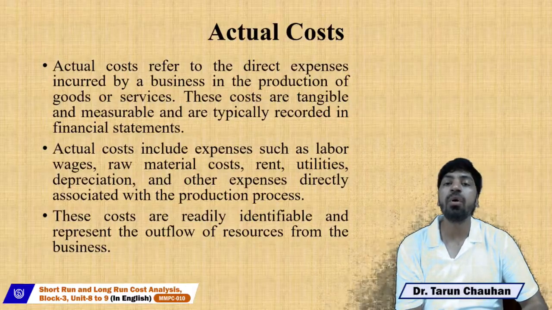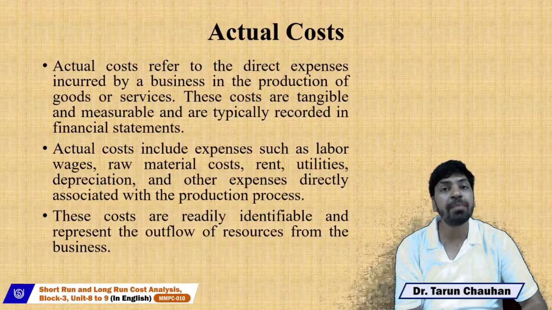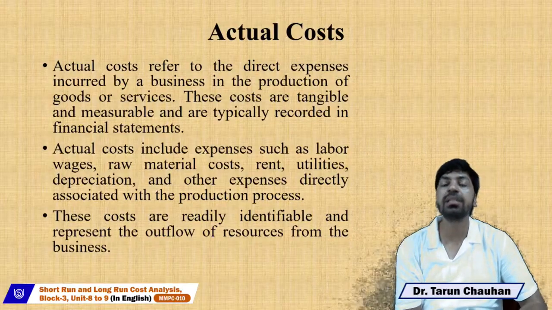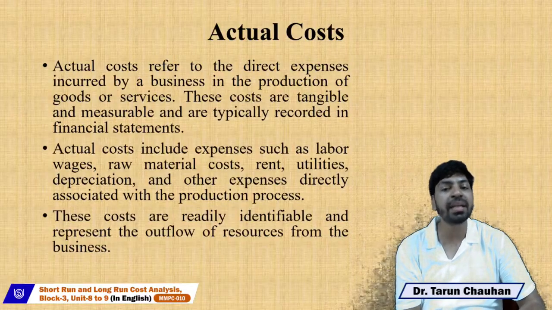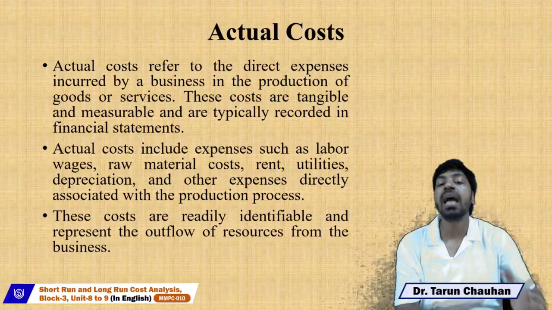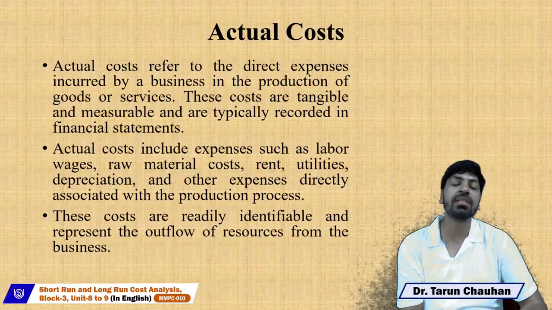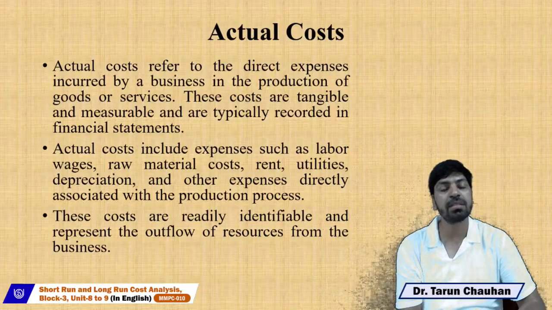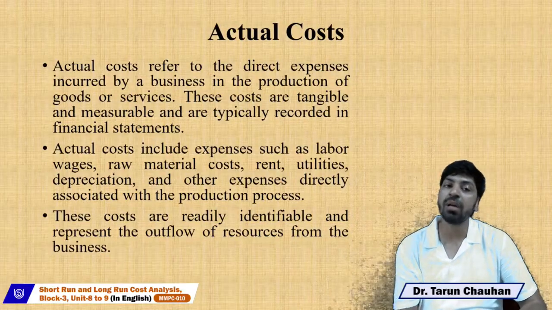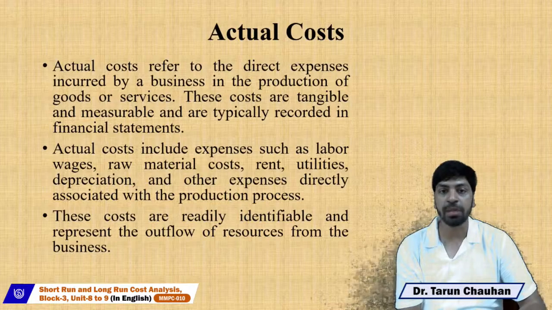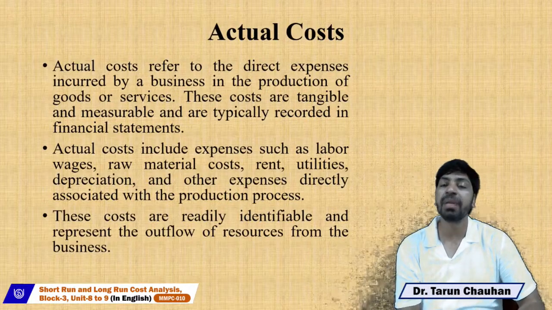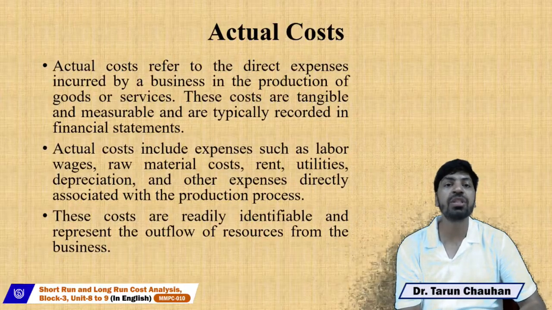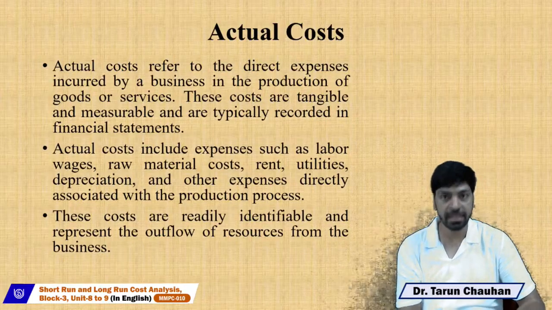Actual costs include all those expenses like labor, wages, raw material cost, rent, utilities, depreciation cost, or any other direct expenses which are directly associated with the production of goods and services of a particular business operation. That is called the actual cost. These costs are tangible and measurable, and are always recorded in the financial statements of a business organization.